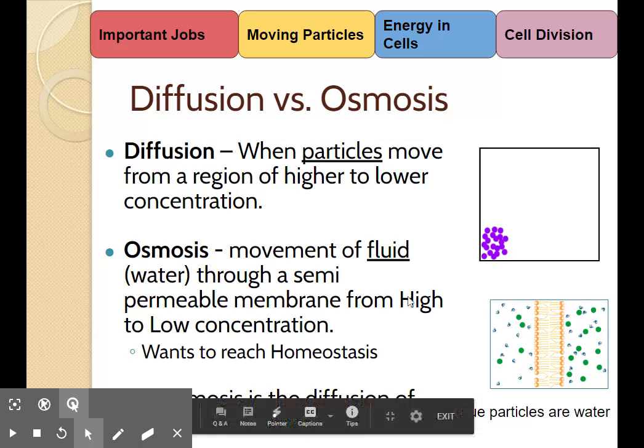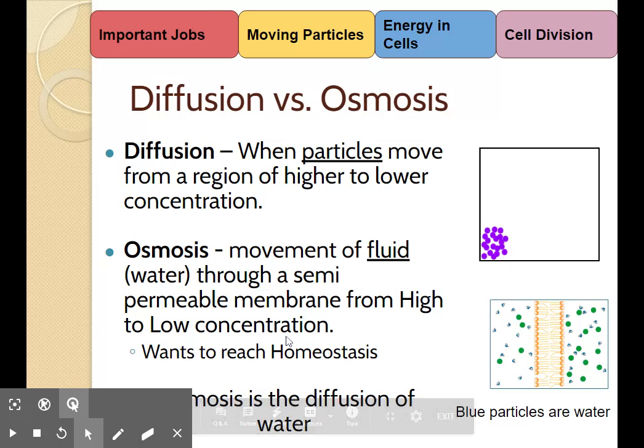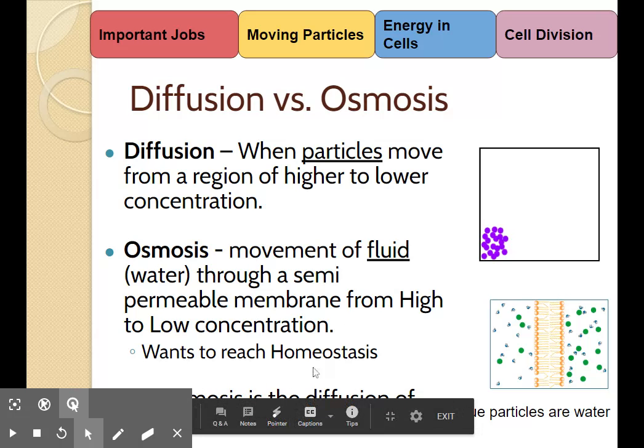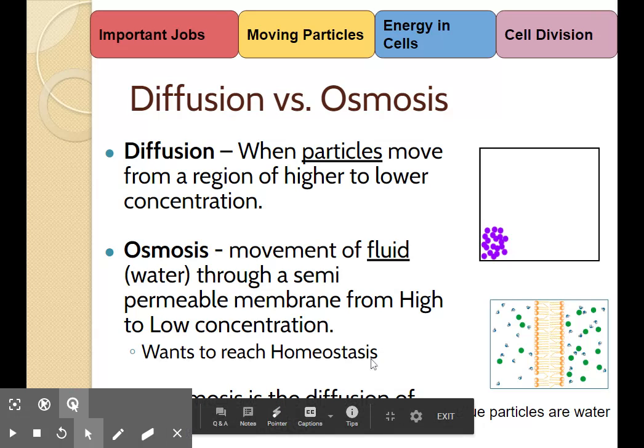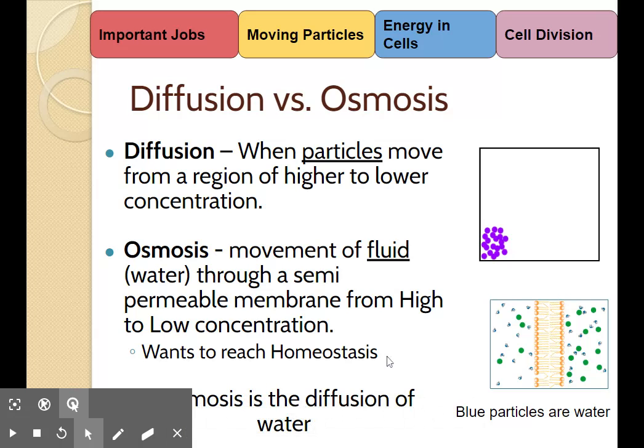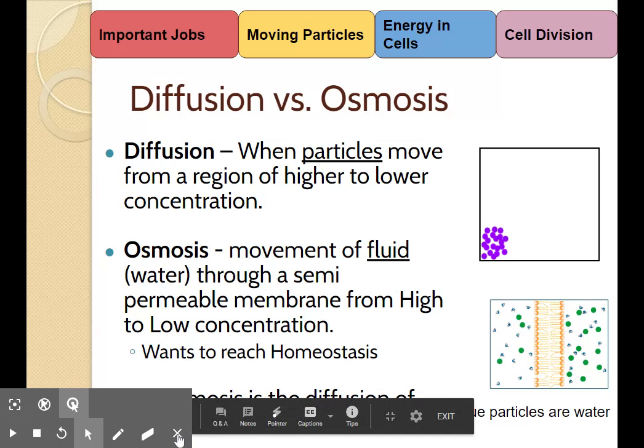And it's going to go from an area of high concentration to an area of low concentration. It wants to go from high to low so it's balanced. It wants to reach this word, homeostasis. I can't see the bottom of my screen very well, but it says osmosis is the diffusion of water.